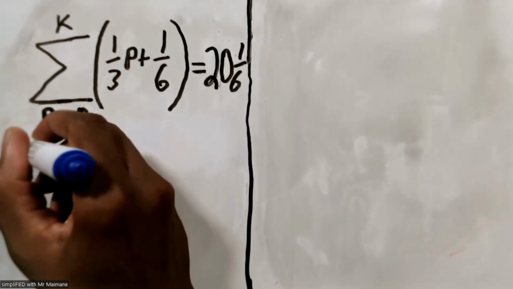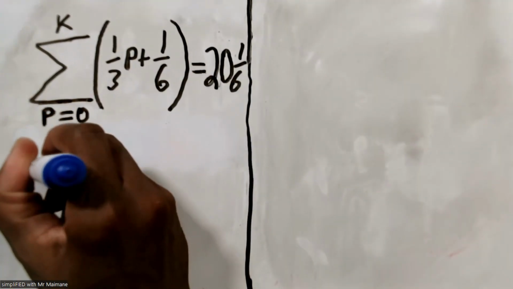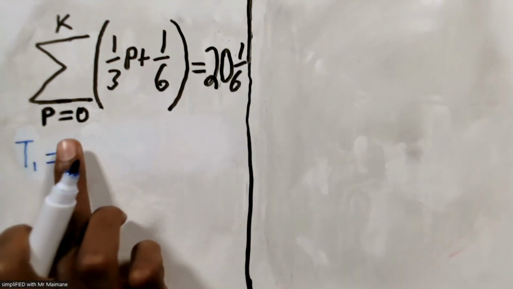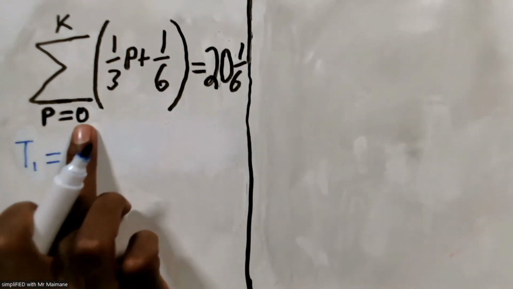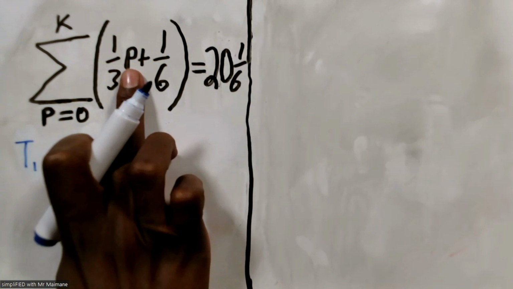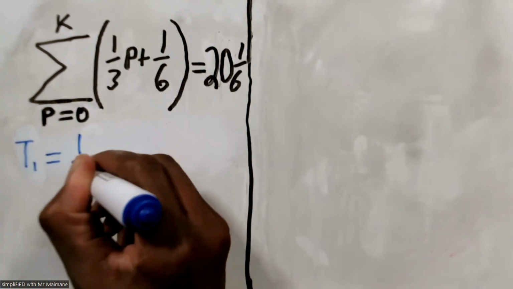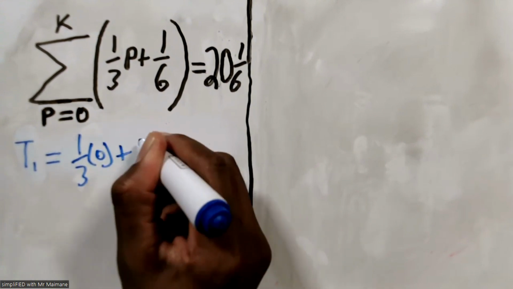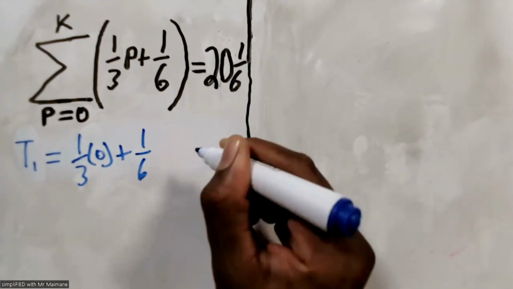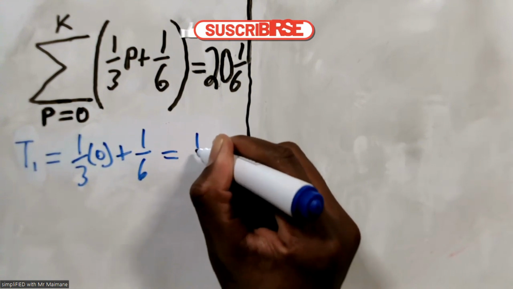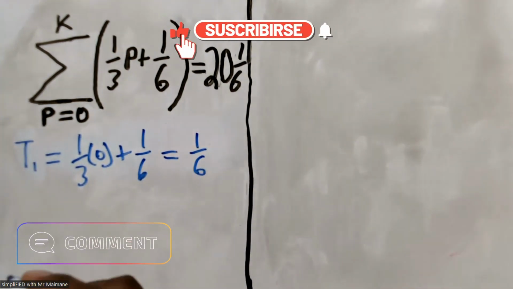Now, for us to determine the first three terms from this expression, we'll find T1. To get T1, since p is equal to 0 here, I just have to take the 0 and substitute it for p for the first term. So for T1, it's going to be 1/3, where I put 0 for p, plus 1/6, which is 1/6.